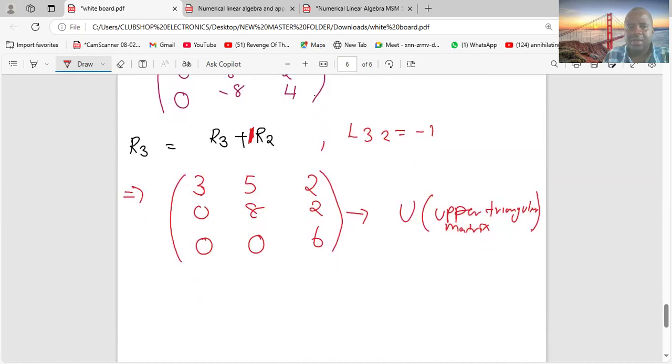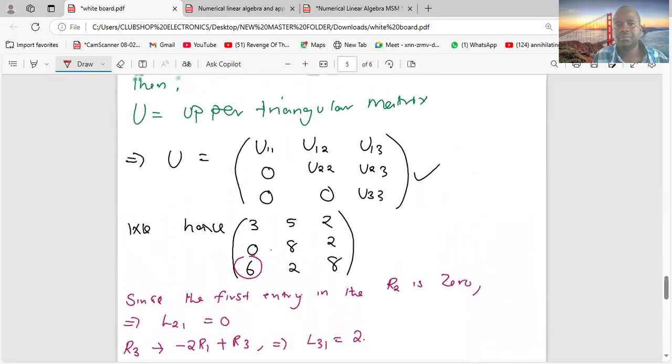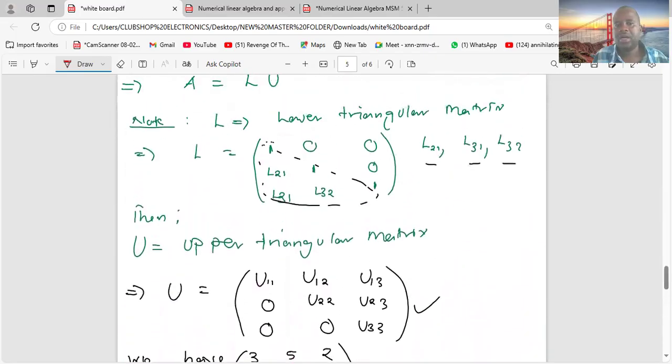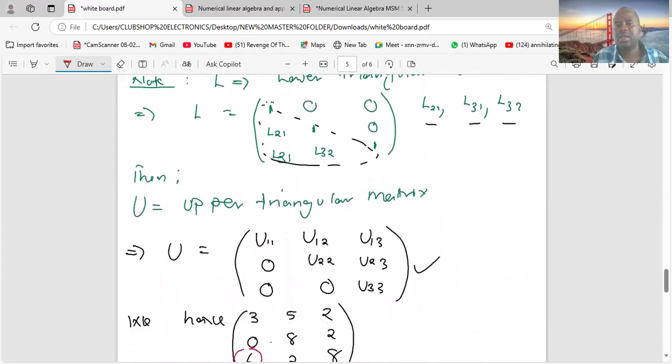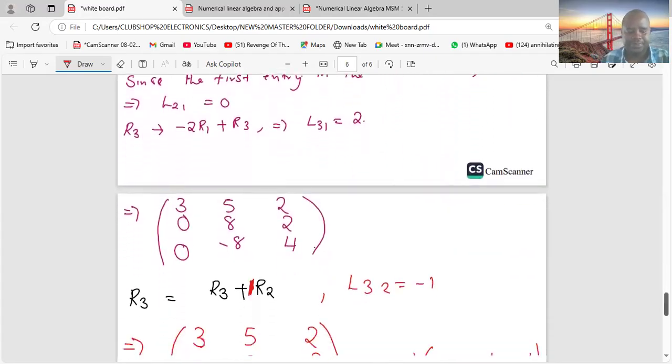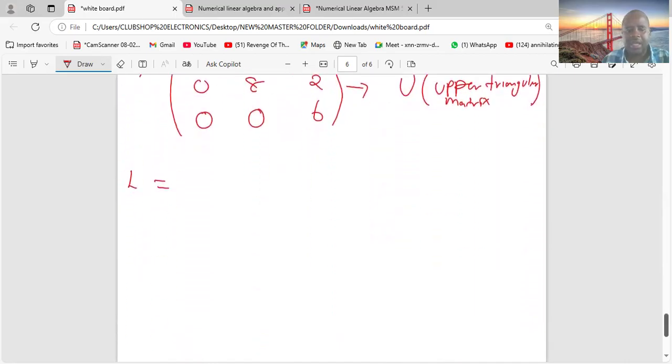But what is our lower matrix? Our L. Remember, we said our L from, if you can go back here, this is our L. 1, 0, 0. Okay. Then the diagonals there, we have 1. So maybe I can write.